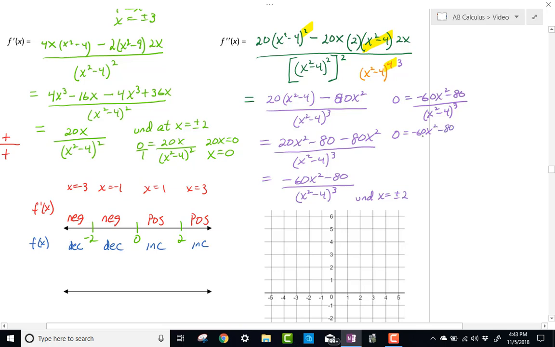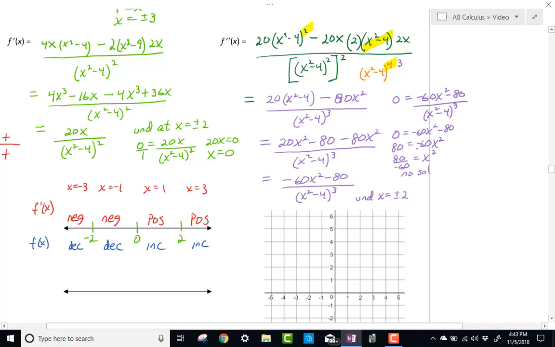I'm going to go ahead and add 80. 80 equals negative 60x squared. I'll divide out the negative 60. So that's going to be 80 over negative 60 equals x squared. And, oh gosh, look at that. That's negative. I can't square root, but if I square root both sides of that, I got a negative inside the root. So there's no solution here. So we did all that work and there's no solution.